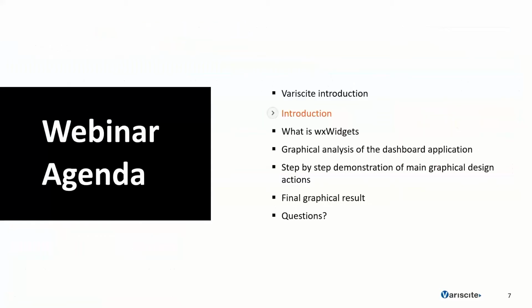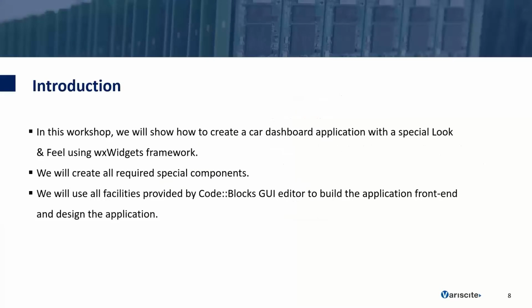Okay, now let's introduce the webinar. In the previous workshop, we went through the framework and the configuration of the graphical environment to set up the build. Now we will create a car dashboard application with a dedicated look and feel that is quite different from the one we saw the previous time.